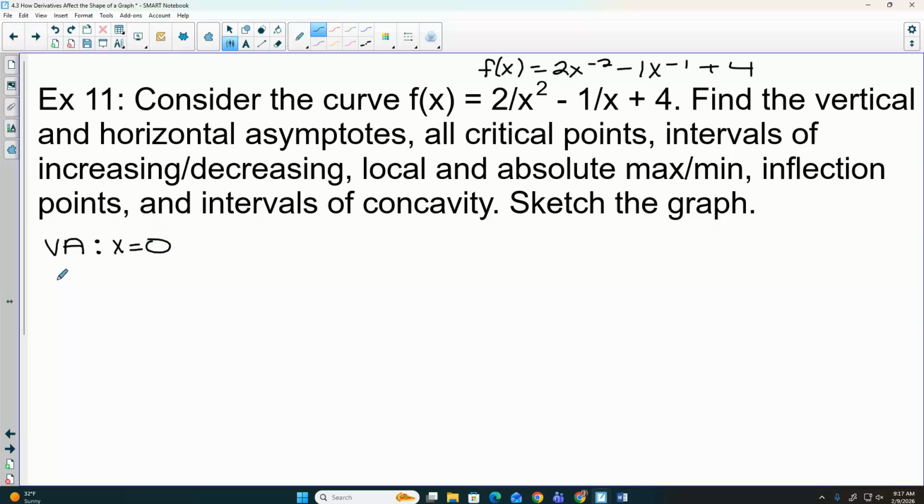Do you remember what we did to find the horizontal? We did the limit as we went to positive and negative infinity.